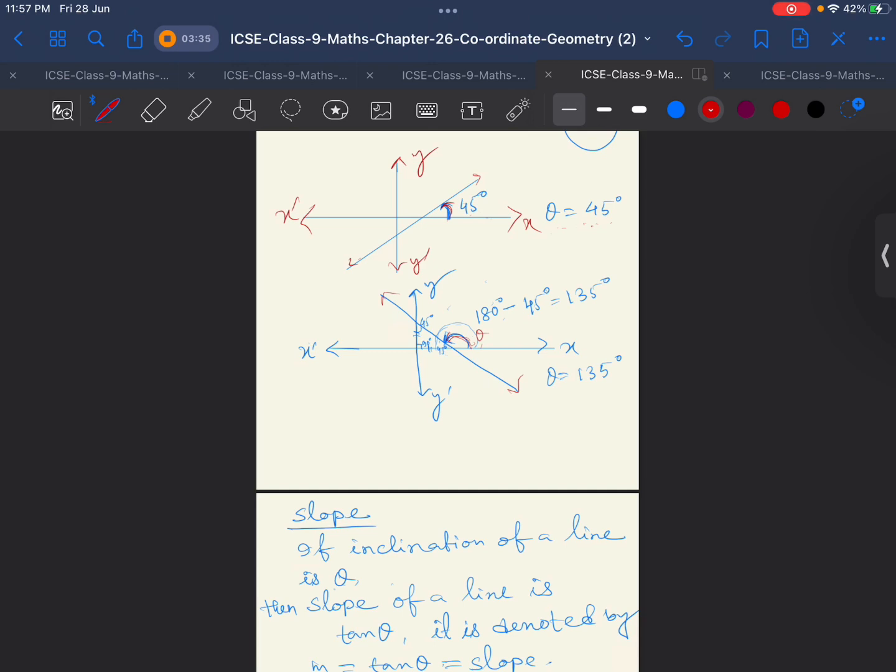Suppose this is a right angle triangle and this is 90 degree angle and this side is same. So this angle will be 45 and this angle will be 45. So here the total angle is 180. So this angle will be 180 minus 45.